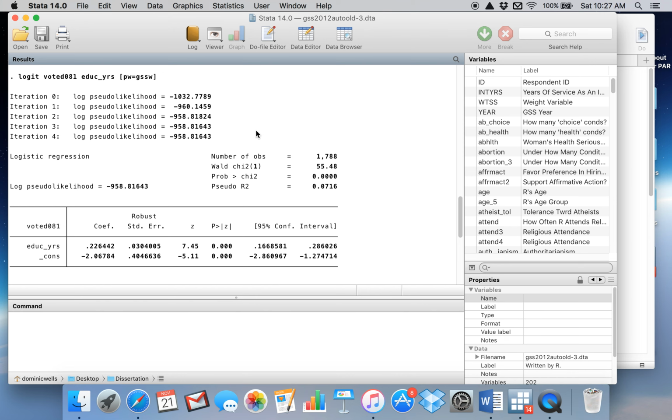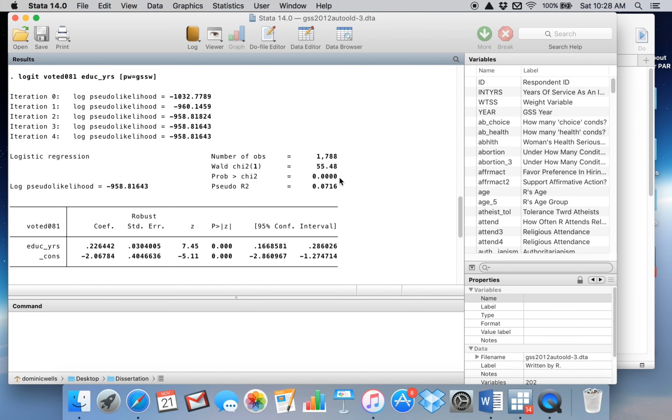So another thing I need to draw to your attention is the chi-square. Over here, we have a Wald chi-square. This tells us whether our model is significantly better than the know-nothing model, so the model in iteration 0 where we're just randomly guessing. And in this case, our p-value for the model is equal to 0, as you can see here.